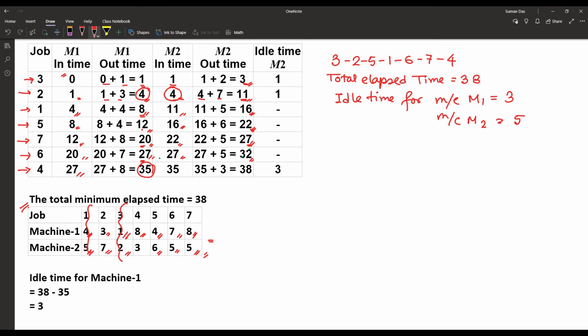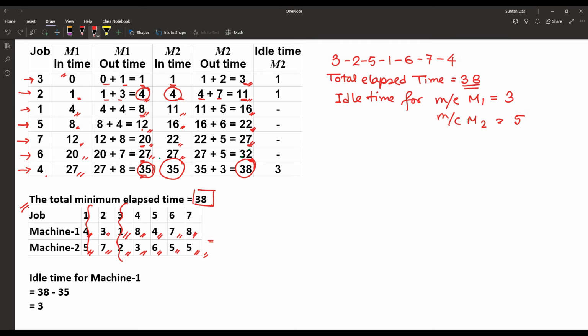Machine M2 has out time for job 6 of 32, but machine M1 out time was 35 for job 4, so it has to wait and start from 35, and its processing time is 3, so it ends at 38. So the total elapsed time is equal to 38, that is the same.